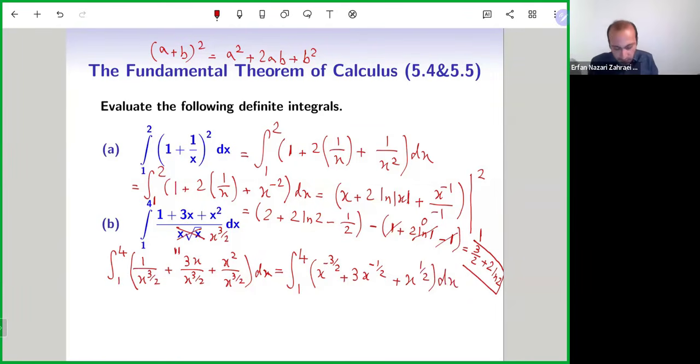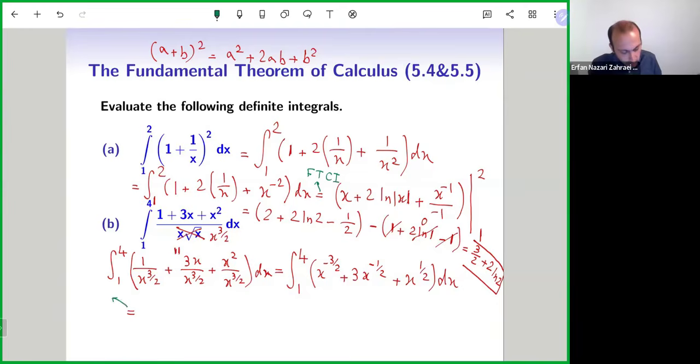Now I can compute the antiderivative of this term and use it to compute this area, or this definite integral. All these things that we are doing, using the antiderivative to compute a definite integral, are the same here. It's the fundamental theorem of calculus part 1. If you like, I can say at this step I used the fundamental theorem of calculus part 1.